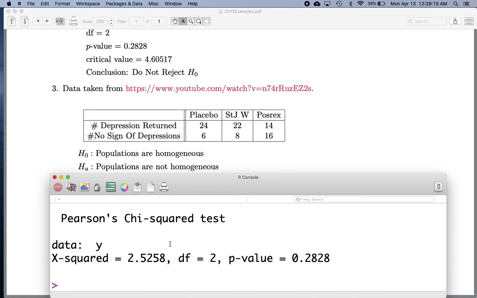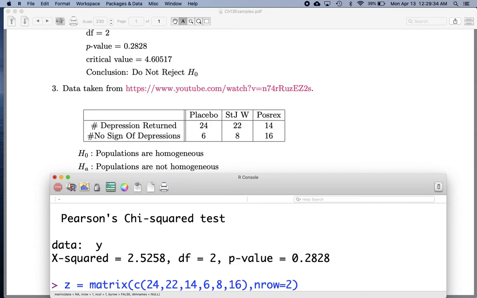So let's go ahead and run the chi-squared test. This is basically going to work the same way as the test before. I'm going to make a matrix, and our values are going to be 24, 22, 14, 6, 8, and 16.